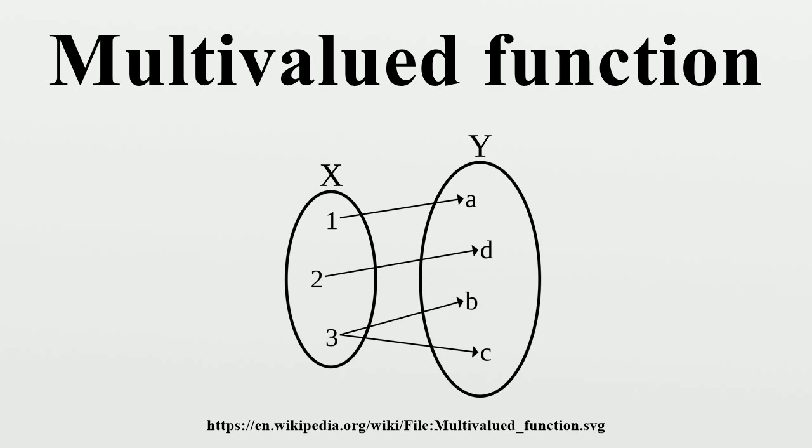Applications. Multifunctions arise in optimal control theory, especially differential inclusions, and related subjects such as game theory, where the Kakutani fixed-point theorem for multifunctions has been applied to prove existence of Nash equilibria. This, among many other properties, loosely associated with approximability of upper hemicontinuous multifunctions via continuous functions, explains why upper hemicontinuity is more preferred than lower hemicontinuity.